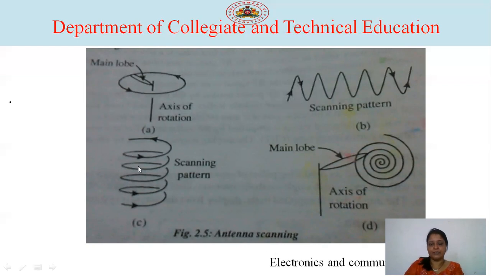But in the helical scanning, the movement is very fast in the horizontal direction, but very slow in the vertical direction. Spiral means it is circular, and from the center point it is rotated circularly outward. These are the different patterns.